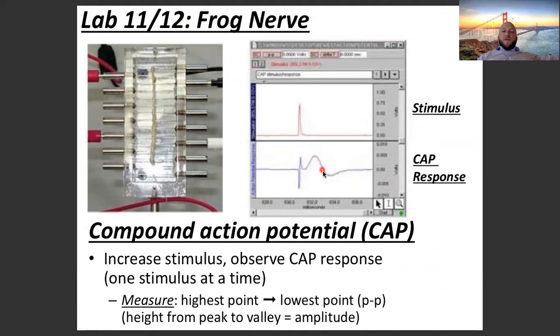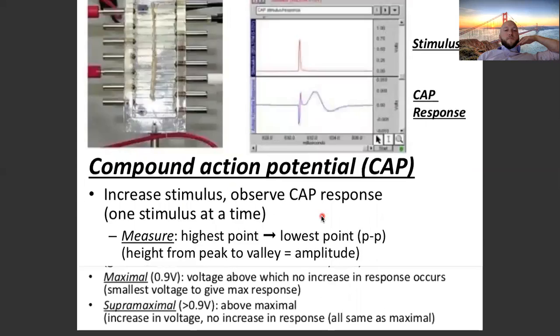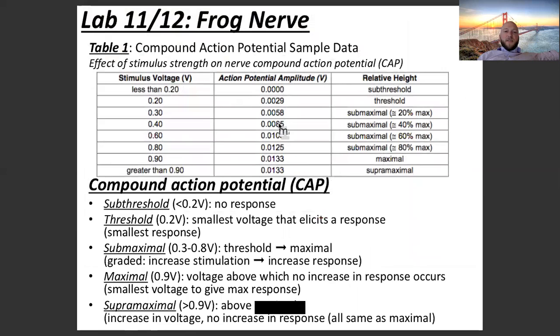And then you can see this nice smooth response wave right there for the action potential. We're going to be measuring the low point and the high point of that action potential response.